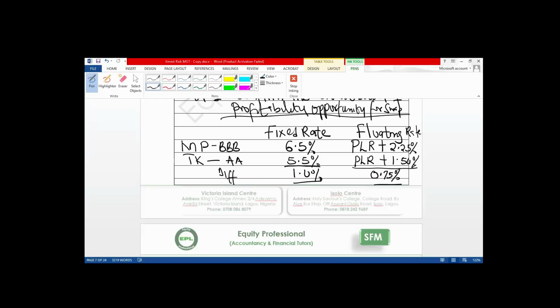Yes, if you check this, TK is better off. TK can borrow at a reduced fixed rate. In this case, TK will borrow at fixed rate, 5.5%. Once TK borrows at fixed rate, the other party must borrow at floating rate.